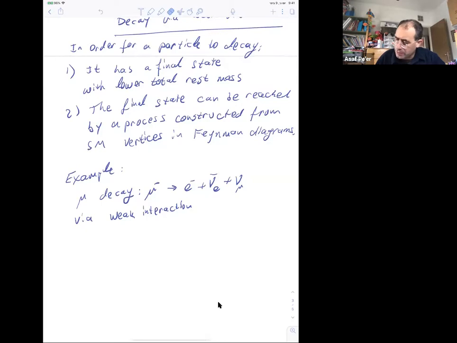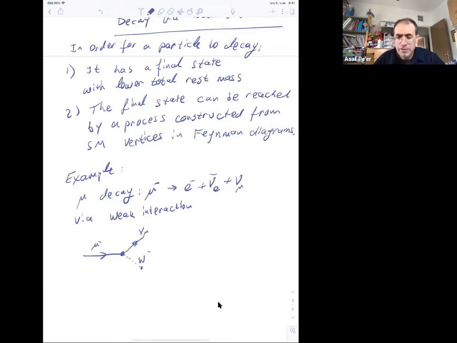How would we describe the decay? You start with some muon. Then we have a vertex where it exchanges a W, which has to be charged. So we have the W boson and the muon neutrino.